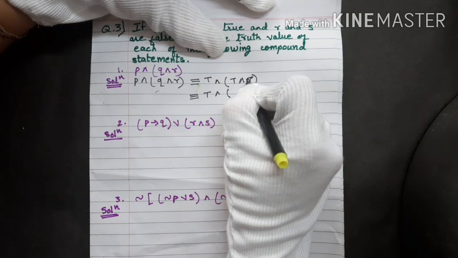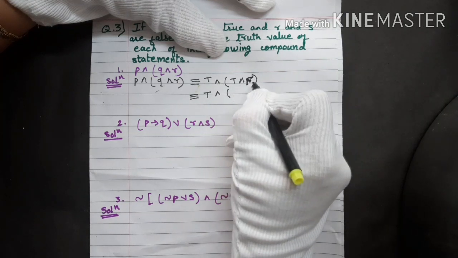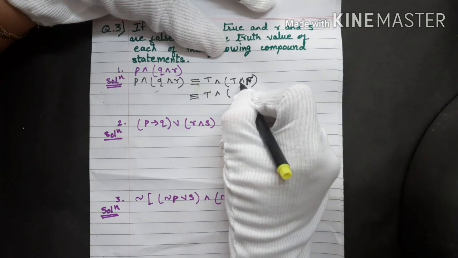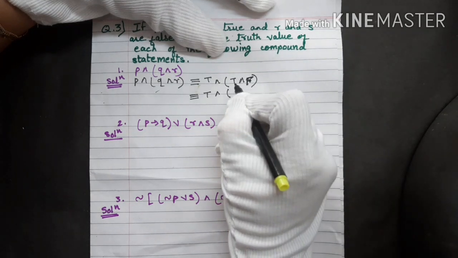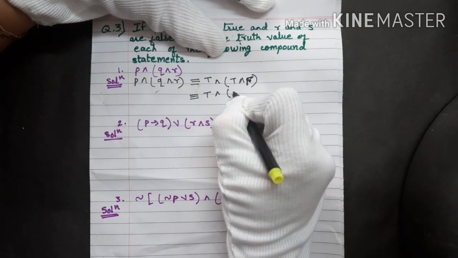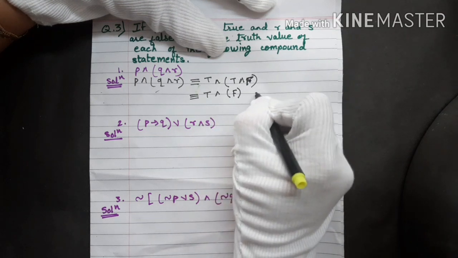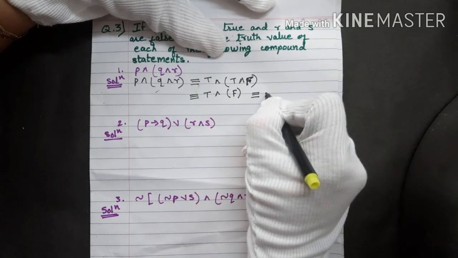R is F. So T and F is F. We know in AND function only if both the values are true then it is true, otherwise it is false. So T and F is F. So it is equivalent to T and F, again F.